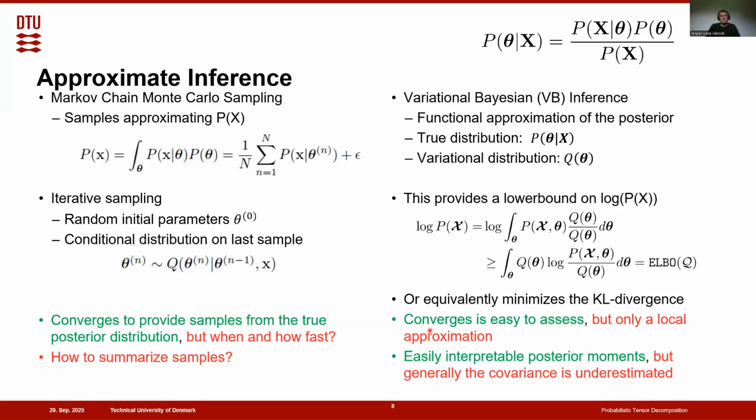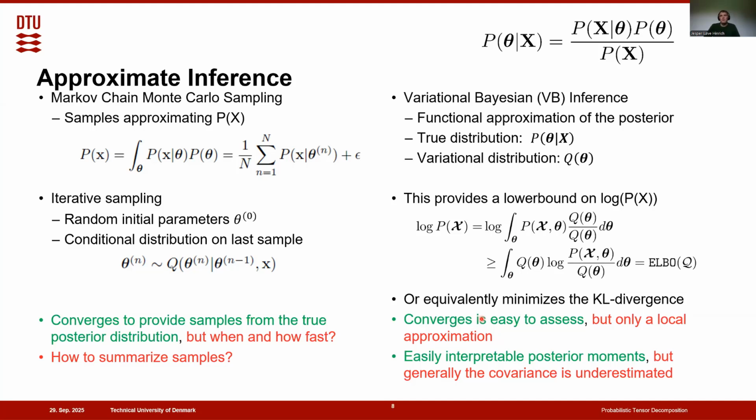Convergence is easy to assess because you have the same guarantee as in ALS. In maximum likelihood-based alternating least squares, you have this guarantee that each step will always lower the error. So you know that it will converge, and you can monitor the relative change in error, and then say when that is small enough, you have converged.